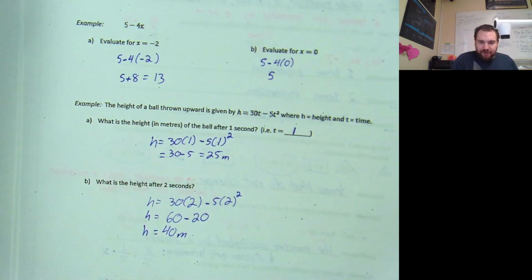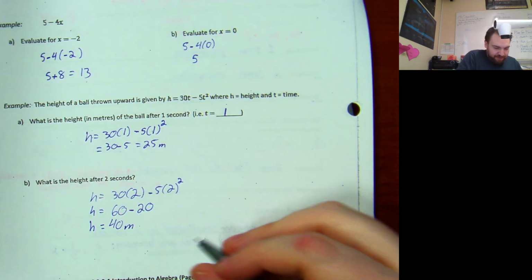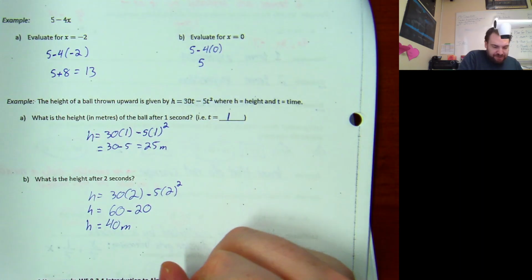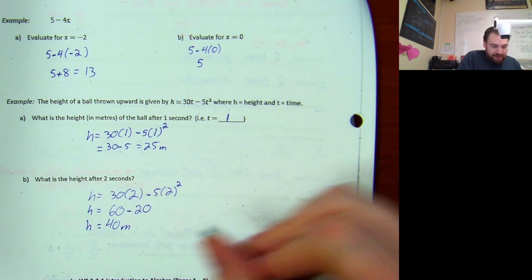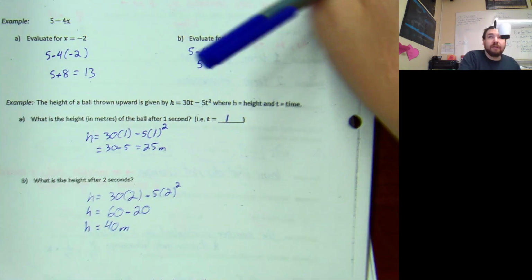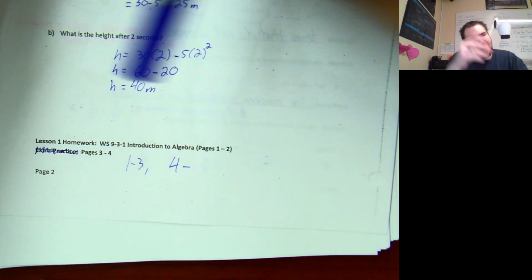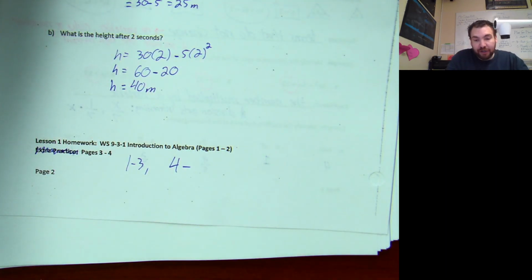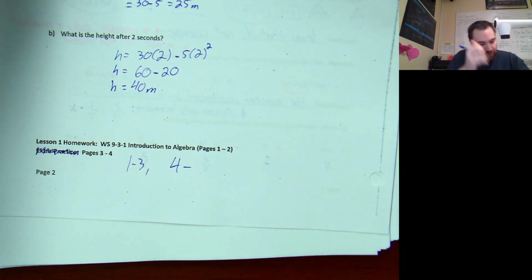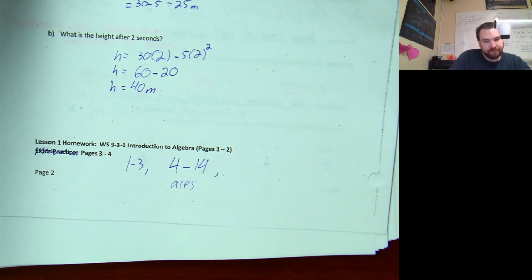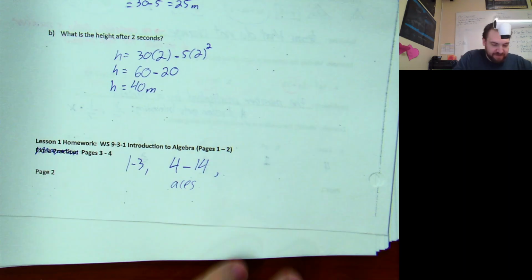This is not extra practice. I want you doing all of this, pages 1 to 4. Questions 1 to 3, you can do all of it. It's only one question each. Questions 4 to 14, you are going to do aces. And then I want you to do 15 and 16.